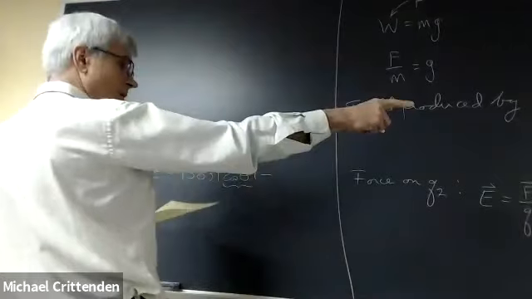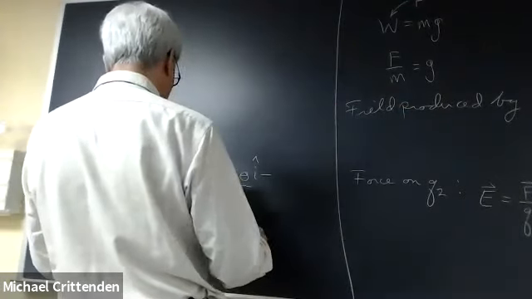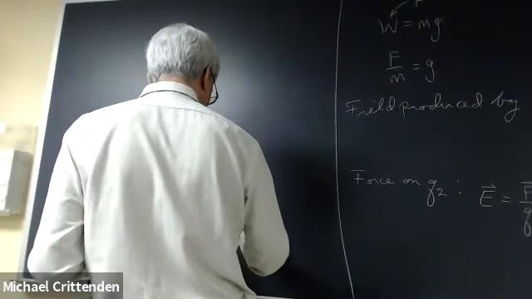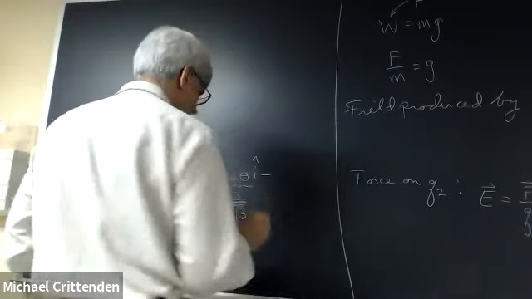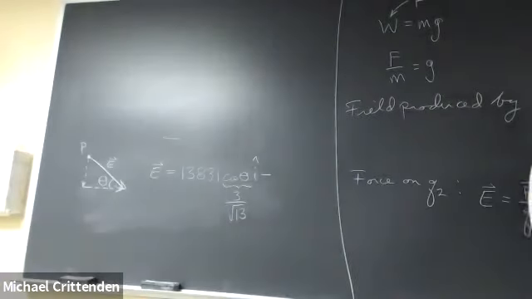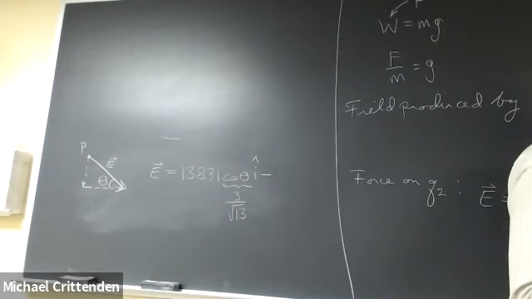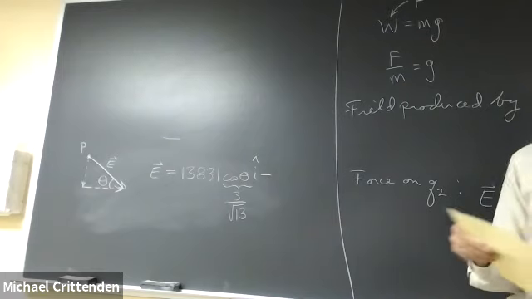From that triangle back over there, whose sides are in meters, this is 3 divided by the square root of 13. Cosine is adjacent divided by hypotenuse.